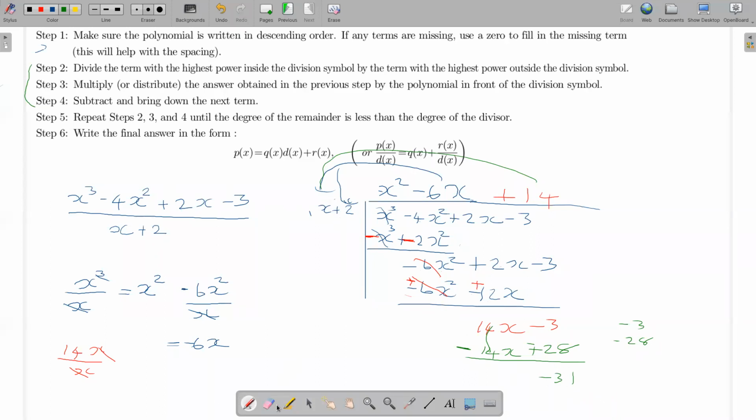So finally I can write it in this form or this form. Normally I write this form.